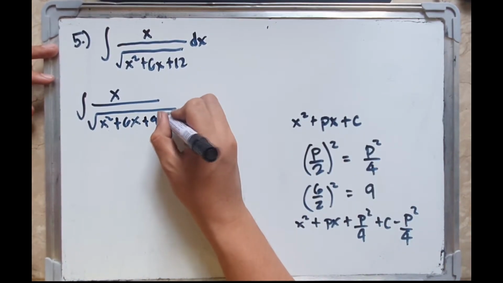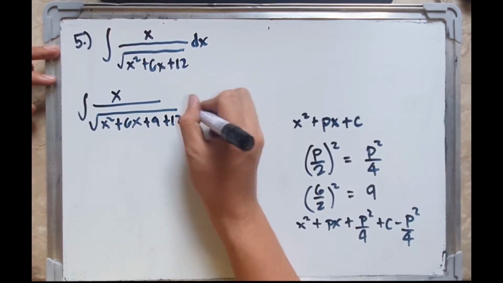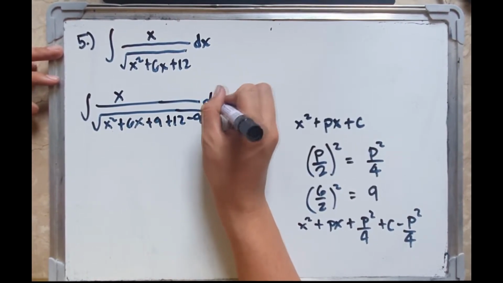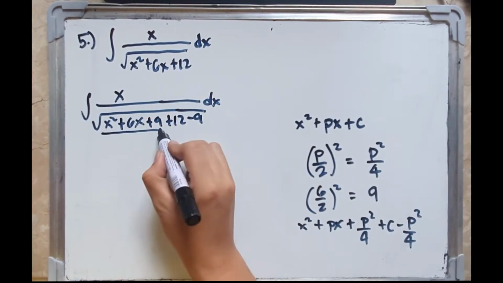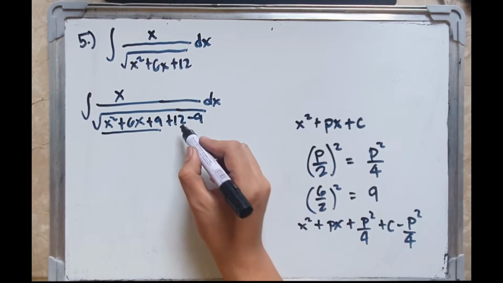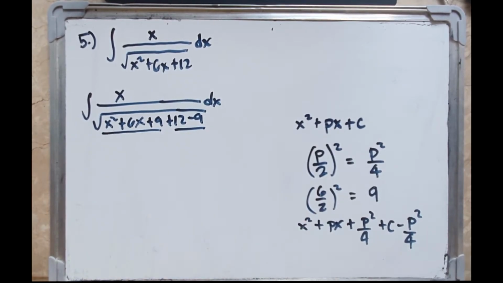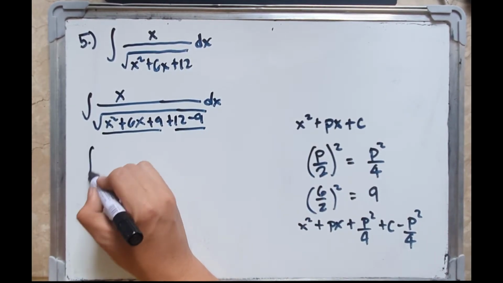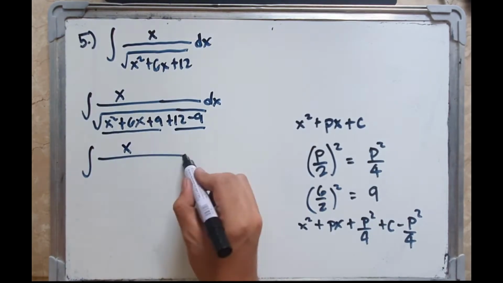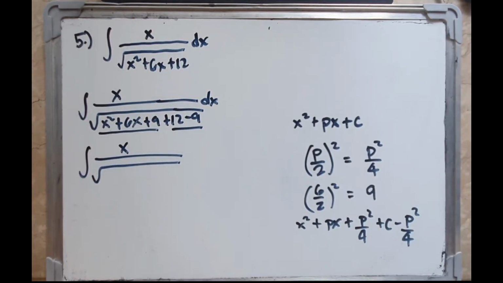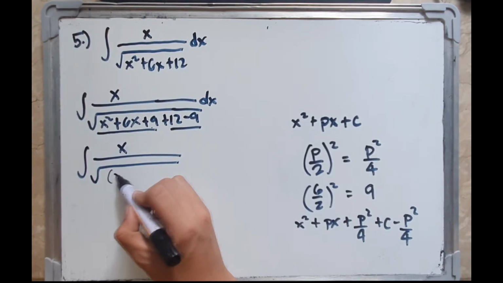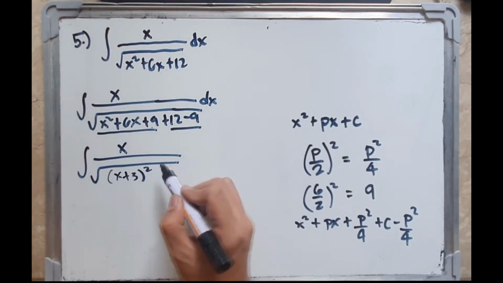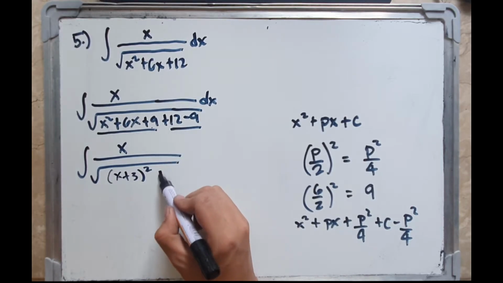Plus 9 plus 12 minus 9 dx. Okay, so we can complete this part right here, and we can also find the result from this part right here. We now have the integral of x whole over with the square root of, this one is obviously x plus 3 squared, and this one has a result of 3.